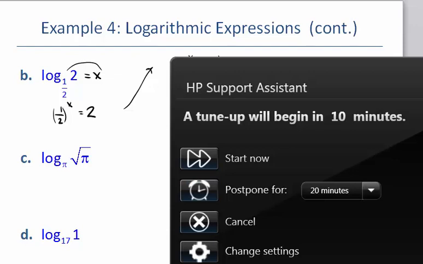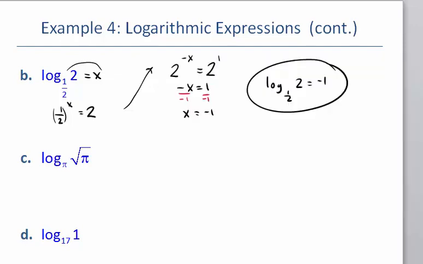Okay, let's look at part C. Again, we're going to start the same way. We're going to set it equal to x. We're going to write it in exponential form. So we'll start with this pi, that's the subscript. We'll go to the other side and get the exponent, and we'll set it equal to the square root of pi. So we have pi to the x is equal to the square root of pi.